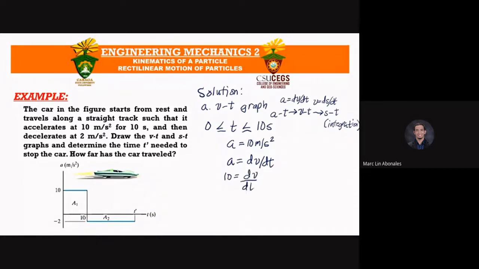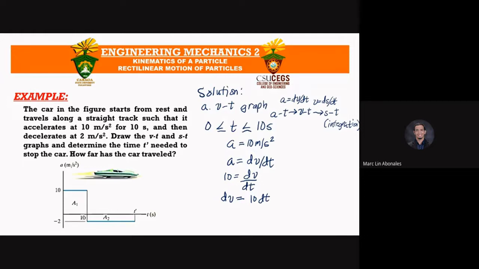Then cross multiply: dv is equal to 10 dt. For us to determine the expression for the velocity, we need to eliminate the d, since it is still a velocity differential. So we must integrate both sides.